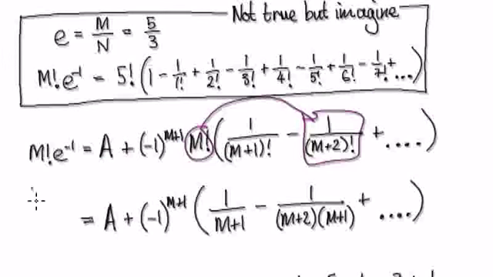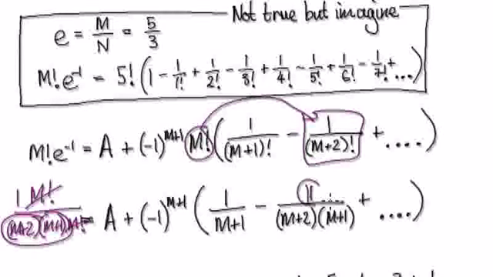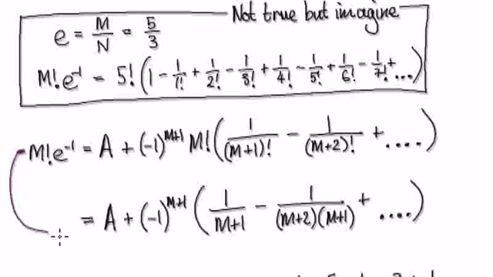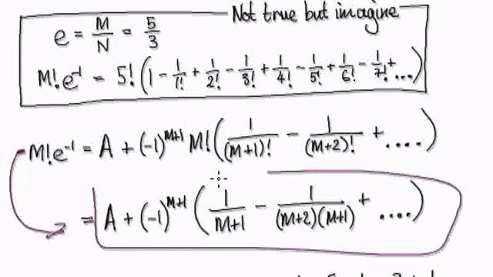So here you've got m factorial over m plus 2 factorial. So that would be m plus 2 times m plus 1 times m factorial. So these two will cancel out, leaving you 1 over m plus 2 times m plus 1. So from here, that will then take you to here.